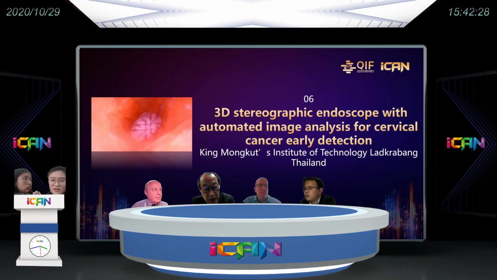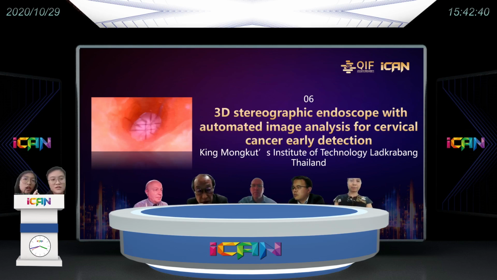How about the size? The pixels, the resolution, right? No, the diameter of the endoscope. So you use a two camera endoscope. That comes to a bigger size than the normal endoscope. Is that right?